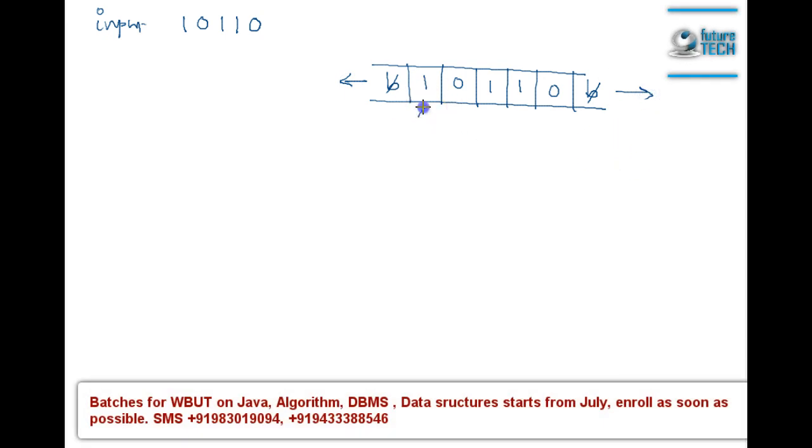Now initially we are here. Now first of all we need to move towards right, and we need to encounter the blank space. Then we will be moving towards left by converting the bits.